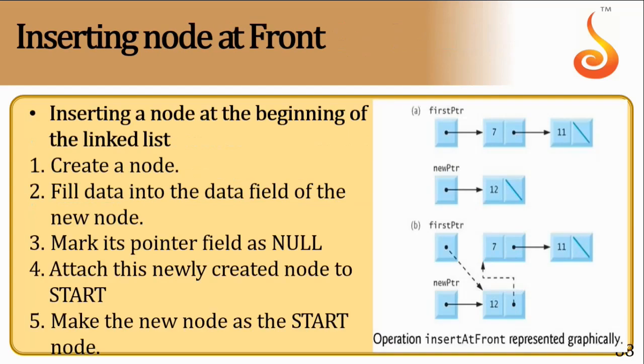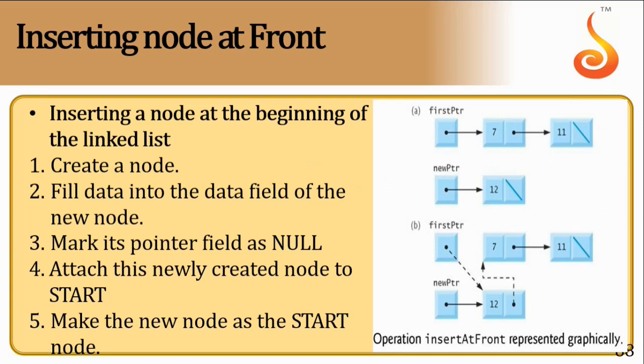So inserting a node at the front, what I have to do here: I have a pointer and here I am calling it the first pointer, or I can say head. Inserting a node at the beginning of the list, first I have created a new node. See here, I am creating a new node which is not there in the list. The list A has two nodes. One node has got 7 stored in the information part. The other node has got 11 stored in the information part.